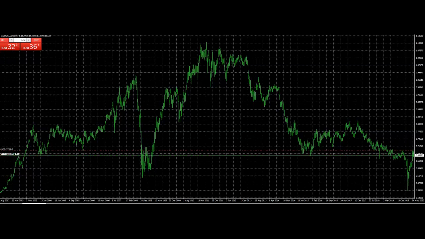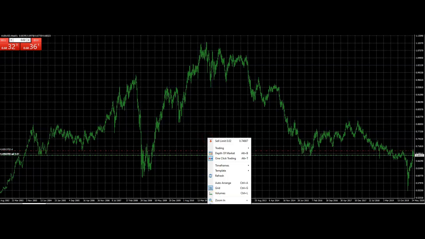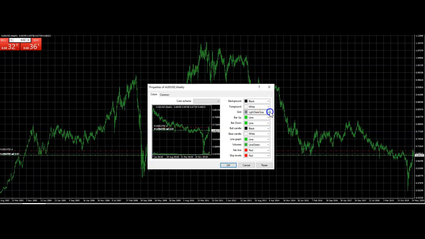All right, check this out. All right, we're looking at this screen right here. This is when you first open the screen with the forex market. So what we're gonna do is we're gonna right click, go to properties right there, and then I don't like all this grid stuff right here. So this picture right here will show you what you're doing. Okay, bar up, I just do it simple, guys.